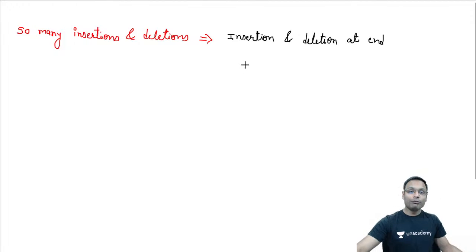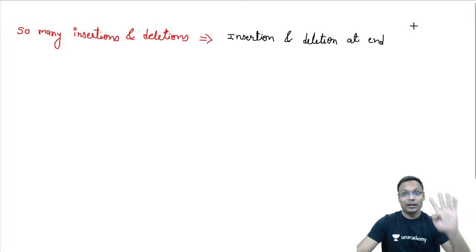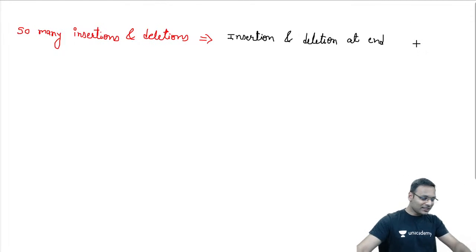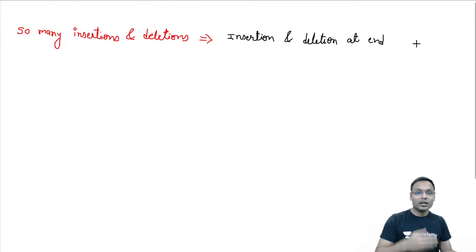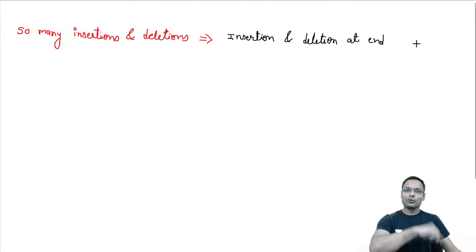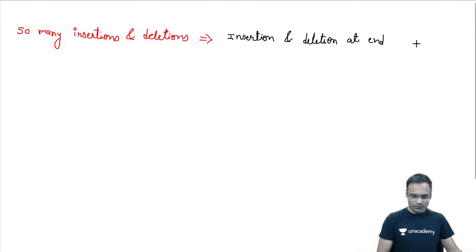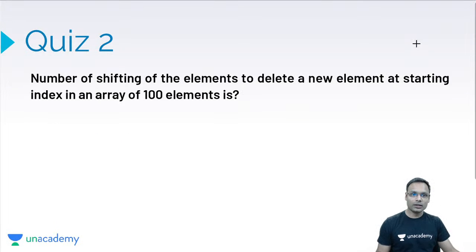So if you have so many insertions and deletions, you may go for insertion and deletion at the end preferably. If you have some pattern in the array, and you have to insert the element based on this pattern only, then in that case you will have to use the other method based on the index or something, right? Sure. Now second question, quiz number 2 of the day.